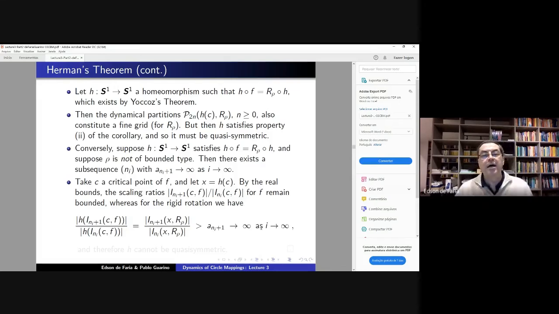So if you're at level n_i, this is going to be greater than a_{n_i+1}, which we are assuming goes to infinity as i goes to infinity, okay? And this violates quasi-symmetry. All right.